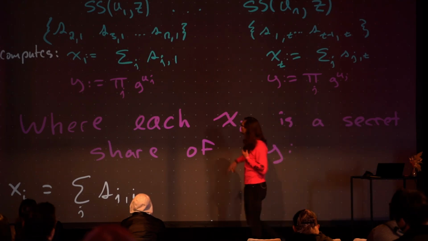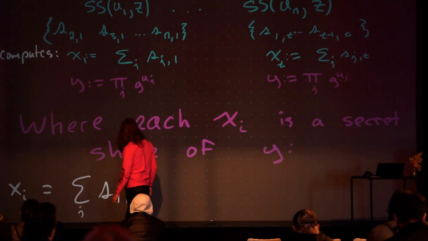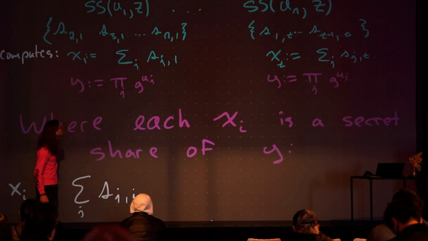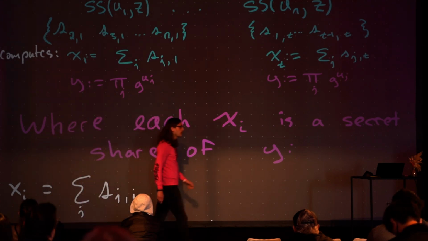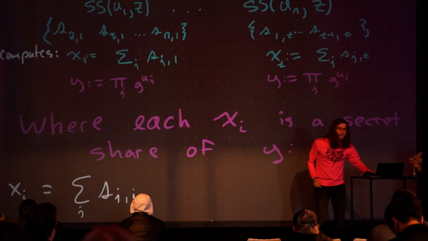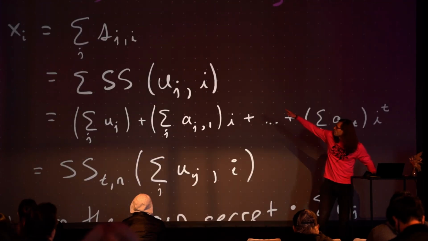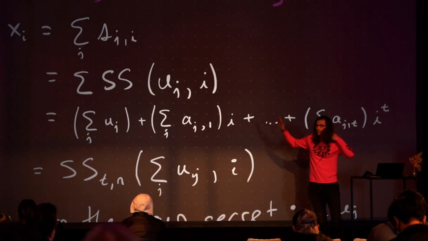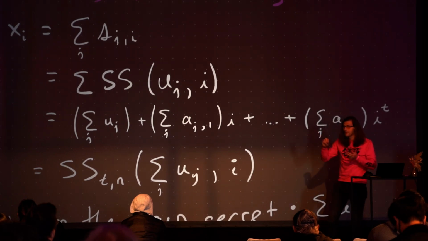So xi is going to be the sum of all of the secrets they received from their friends. And we're going to look at xi as the sum of some secrets, which is the sum of some secret sharing polynomials, and this is the part that helps to see on paper or take notes.